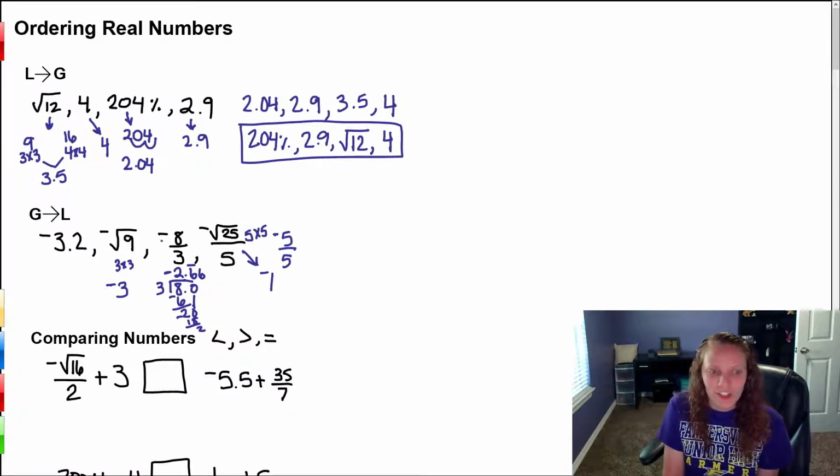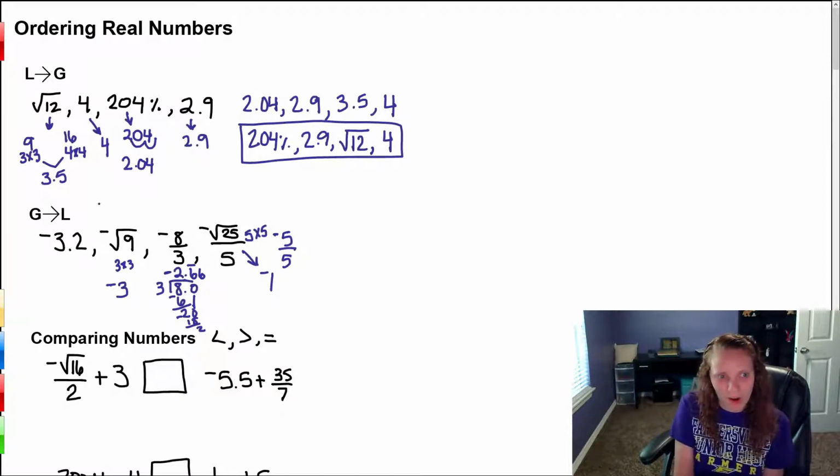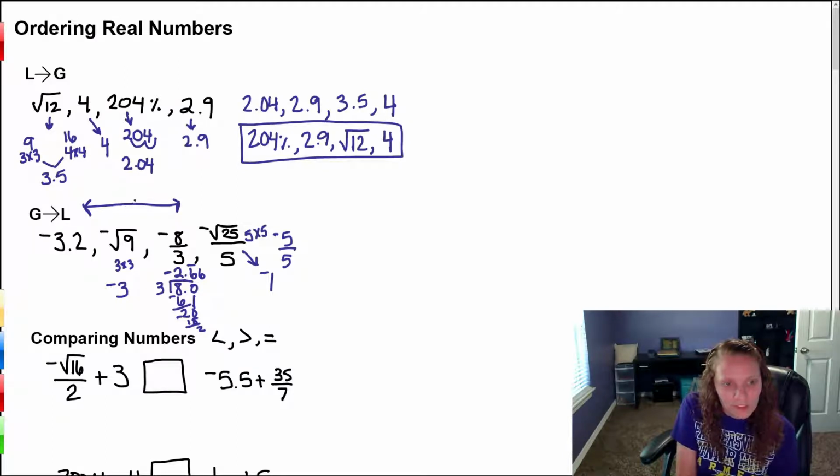So we've converted these into decimals or integers, and so now we need to list them from greatest to least. Now, be careful, these are negatives, so we have to think of it backwards from how positives would be. Let's look at a number line for just a second. Here's 0, 1, 2, and then -1, -2.